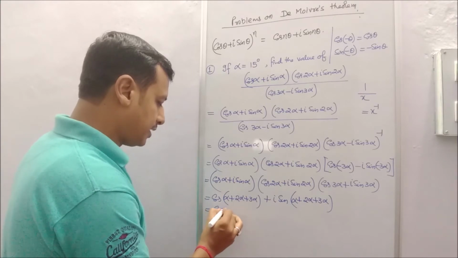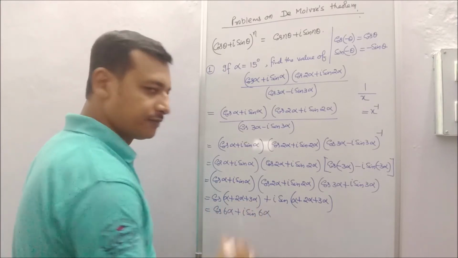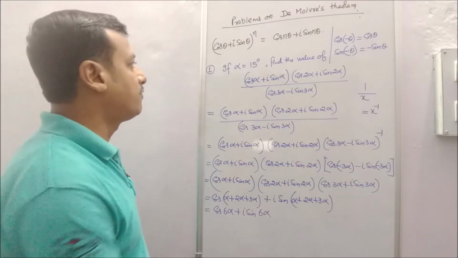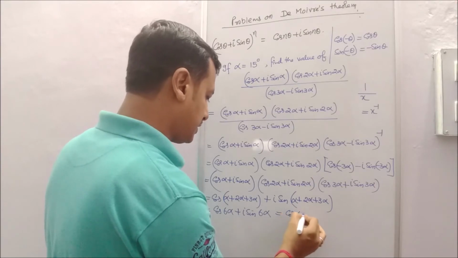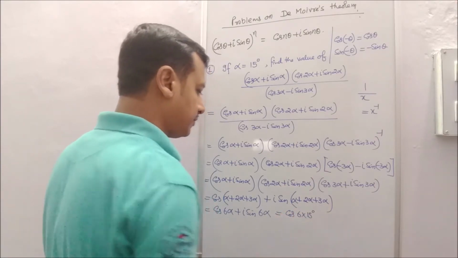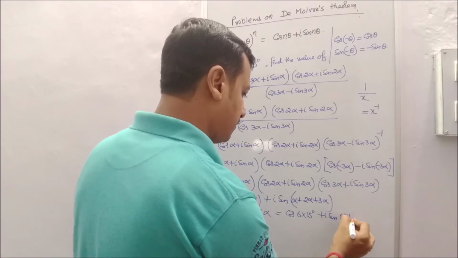So cos 6 alpha plus I sin 6 alpha. What is the value of alpha? Alpha is equal to 15 degree. So cos 6 into 15 plus I sin 6 into 15.